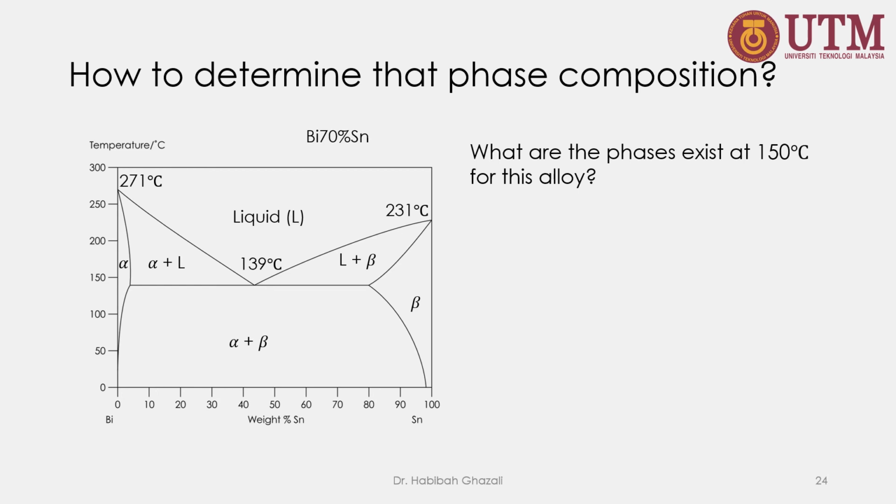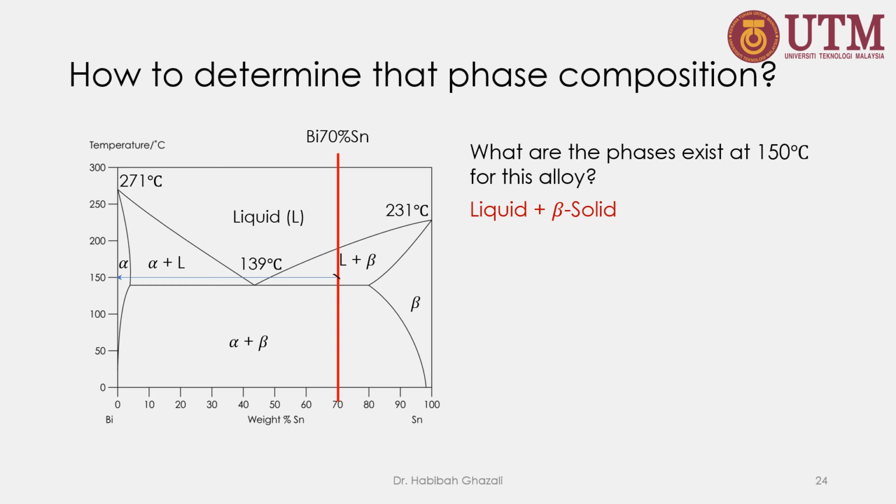What I need to do first is draw the line to represent this alloy. The red line here represents the alloy of 70% tin with 30% bismuth. Next, I draw the horizontal line passing through the temperature axis of 150 degrees Celsius.